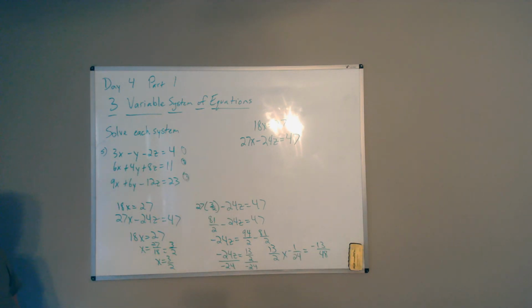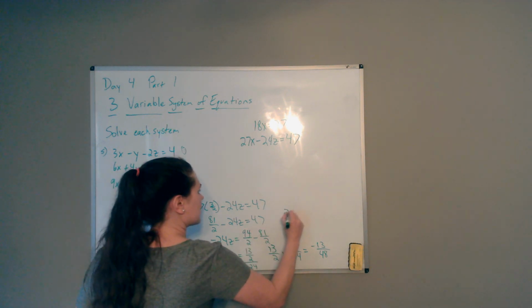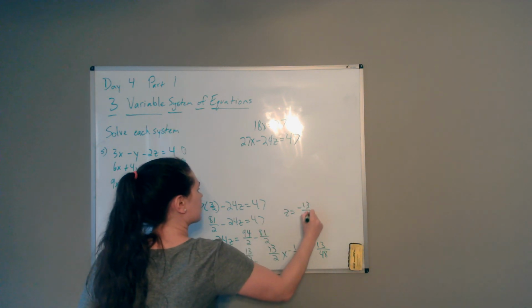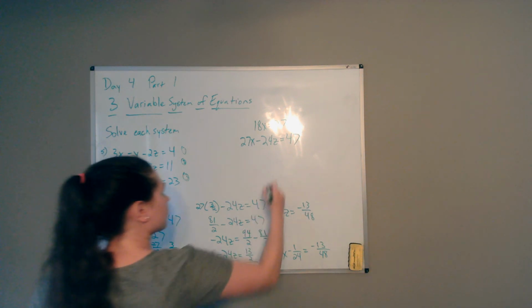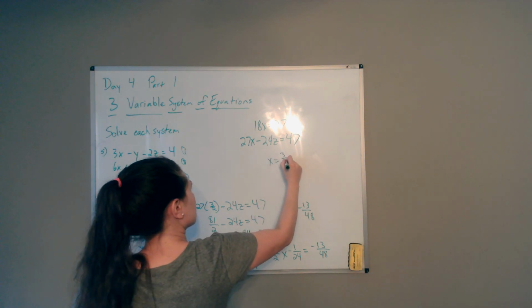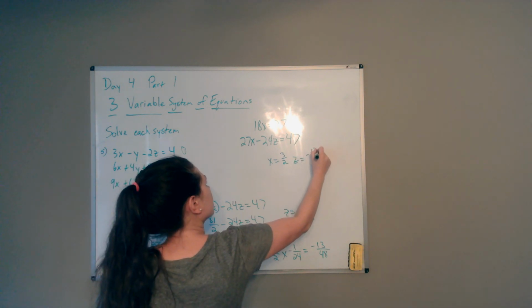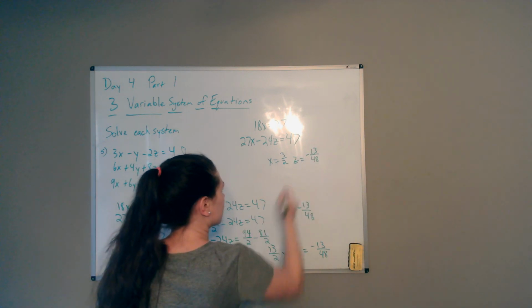Ooh, rough. So that's what z is. Z is negative 13 over 48. Yeah, these numbers are getting a little rough to work with, but still we can do it. Okay, and the last letter that we need to solve for, so we have x equals 3 halves. We have z equals negative 13 over 48.